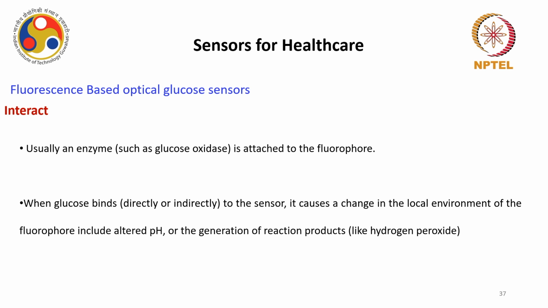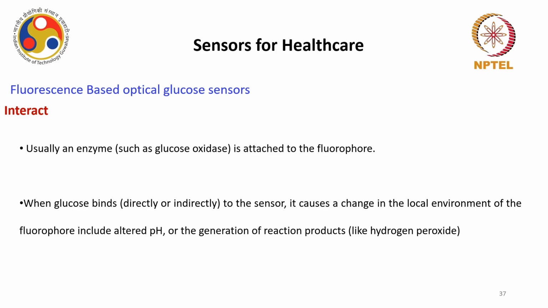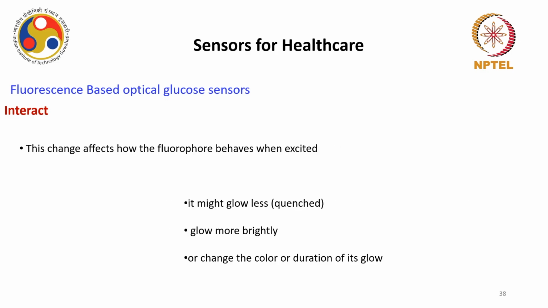These changes can be in the form of a change in the pH or the generation of byproducts like H2O2. We have already seen in the case of electrochemical sensors that gluconic acid was forming and H2O2 was also forming along with it.